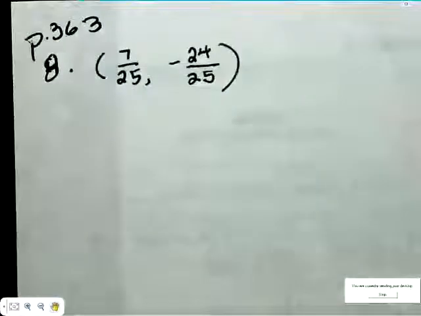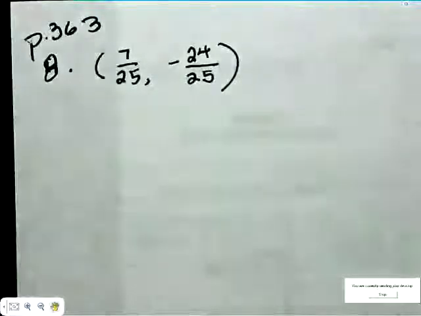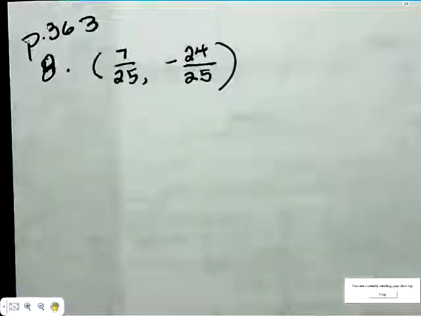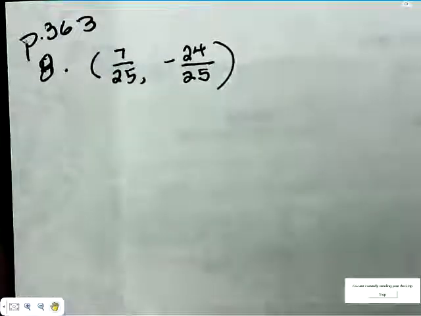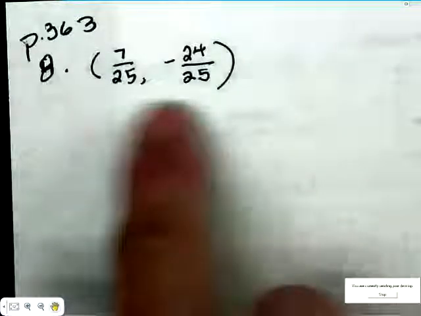Let P of t be the point on the unit circle U that corresponds to some angle measurement of t radians. If P of t has the given rectangular coordinates, find, and then there's an A, B, C, and D part. In what quadrant does the terminal side of this angle lie?